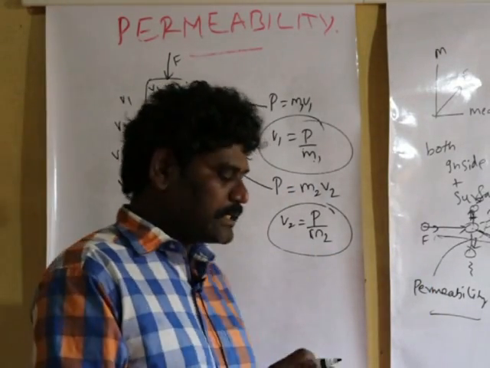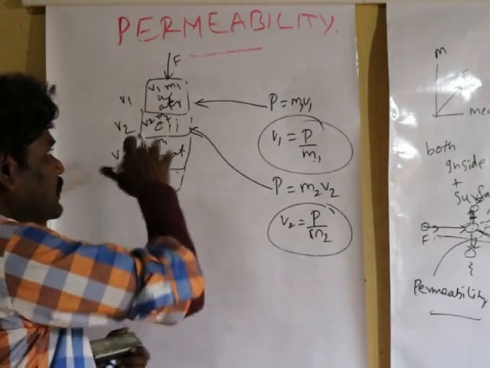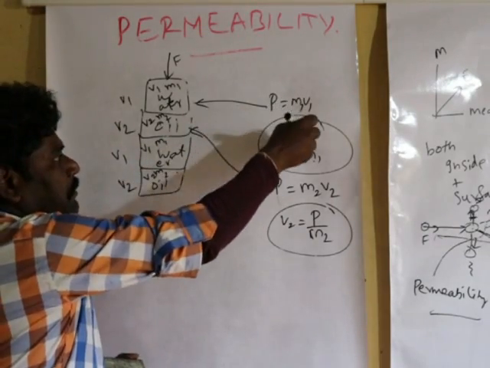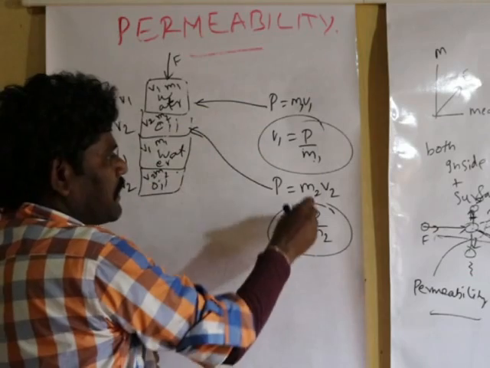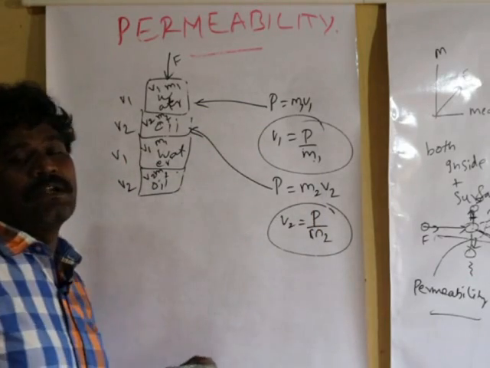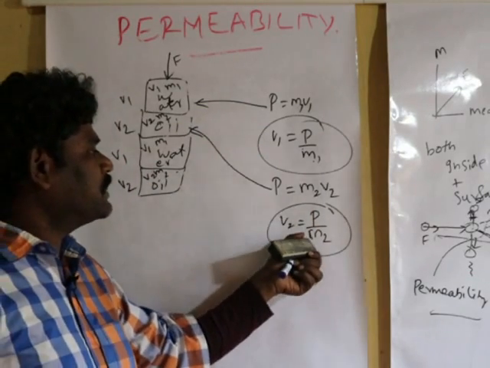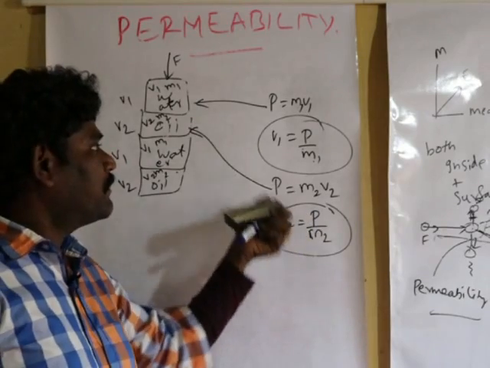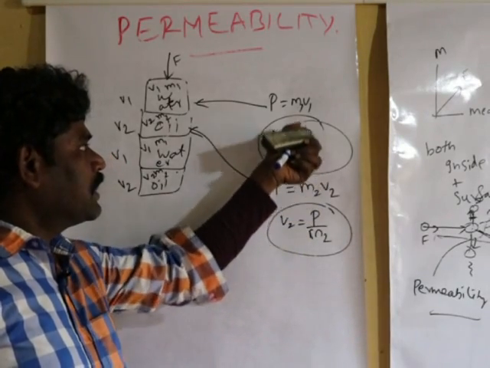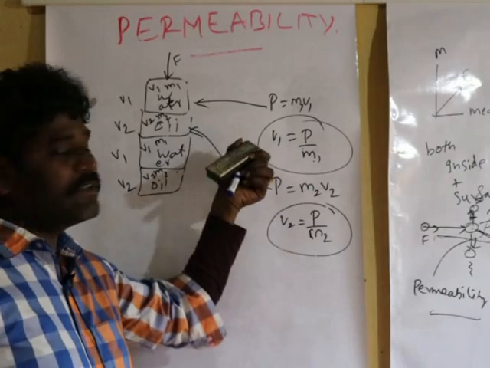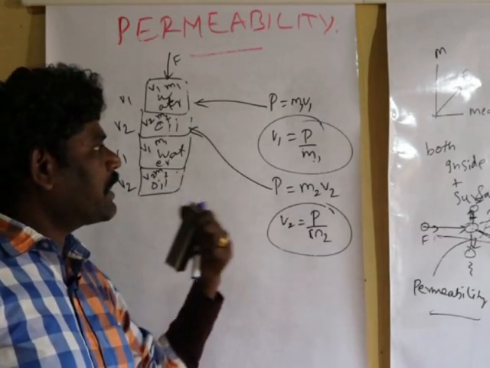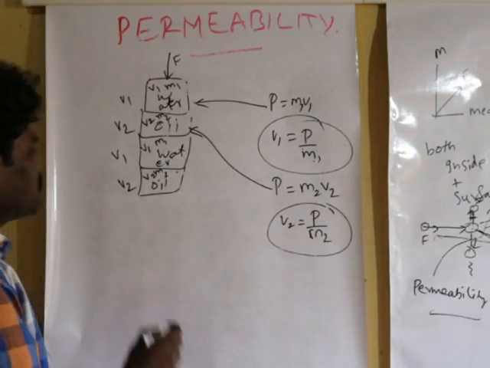But the basic characteristic is like this. The velocity changes because the mass is changing. When the mass changes, the permeability and the velocity change. When the mass returns to the previous mass, because what does mass mean?